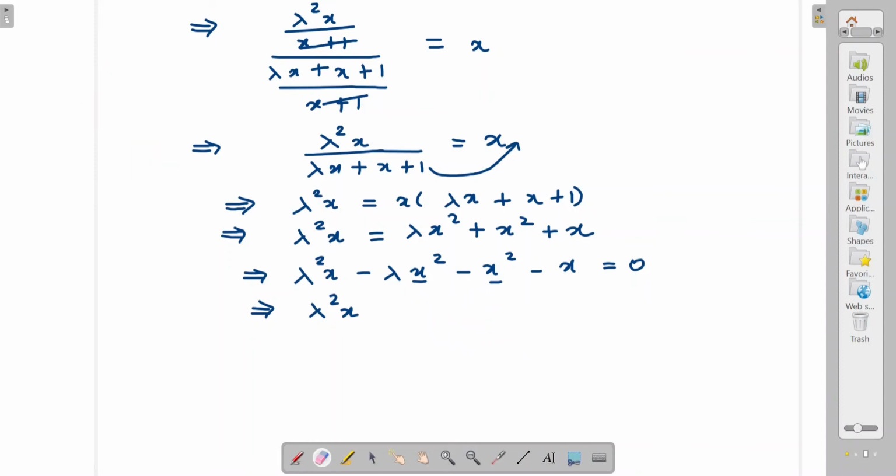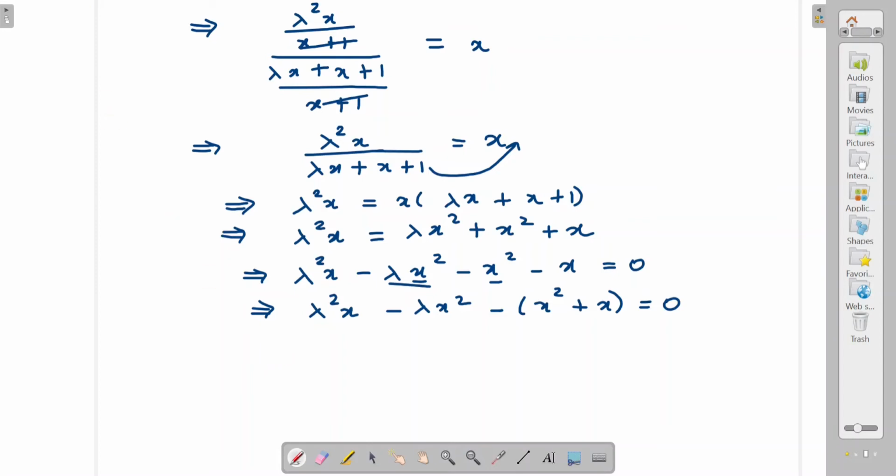So we will not take common, we will keep λx² as it is, minus λx², and minus x² minus x, we will take it together. So we will take minus sign common, so we will get (x² plus x) in the bracket equal to 0.